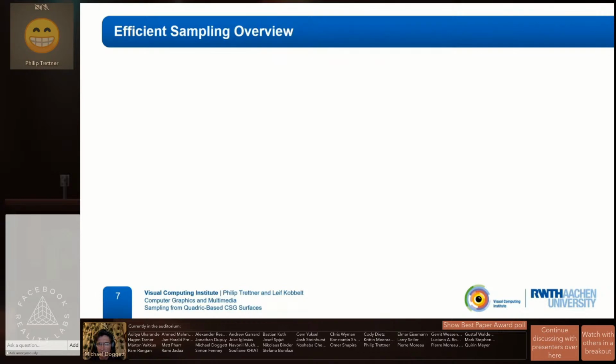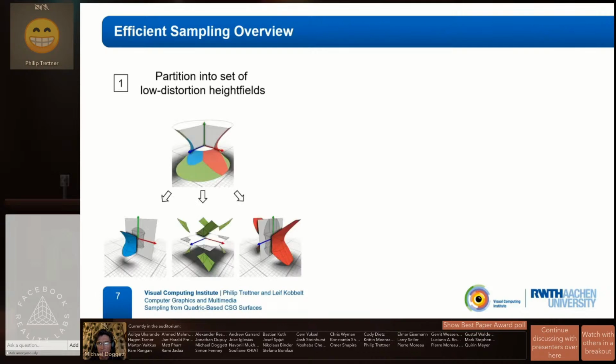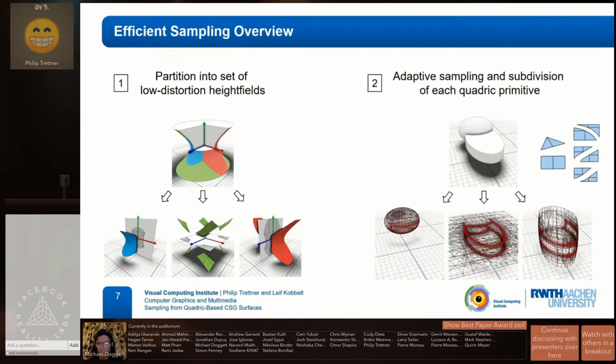For that, our method works in two steps. It's basically the pipeline of our method. First, we take each quadric surface and analytically partition it into a set of low-distortion height fields. From these height fields, we can then start an adaptive sampling and subdivision scheme, which will efficiently narrow down to the areas where generating the samples is actually needed to generate surface samples.